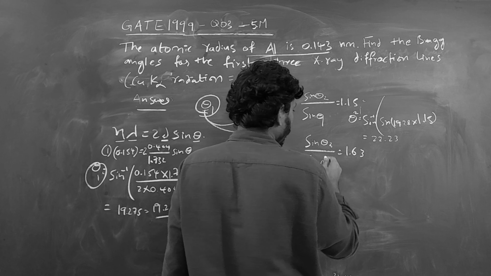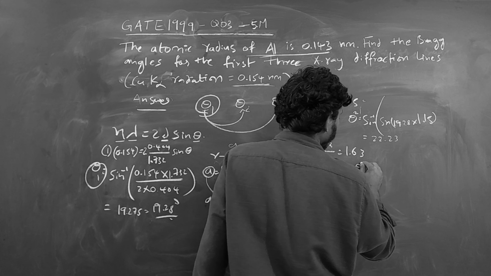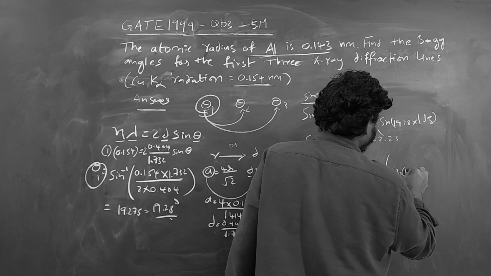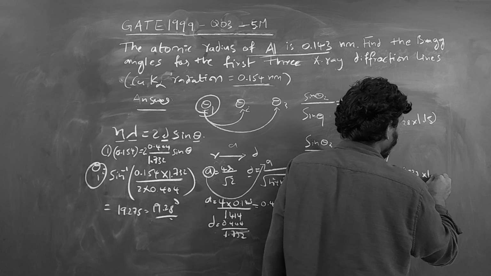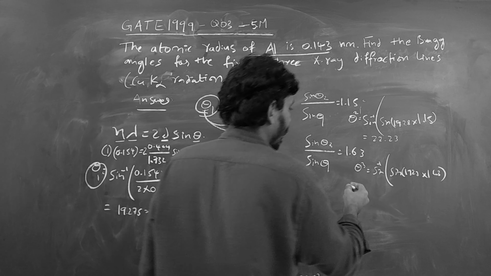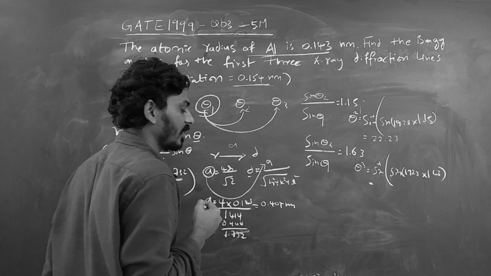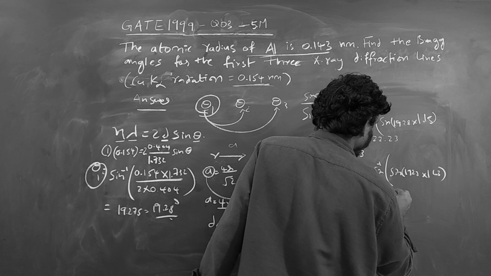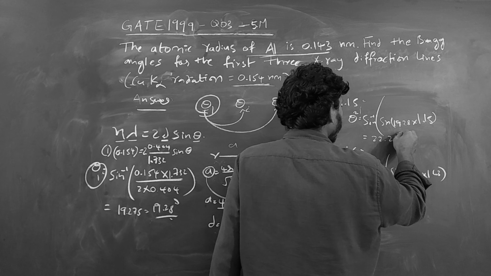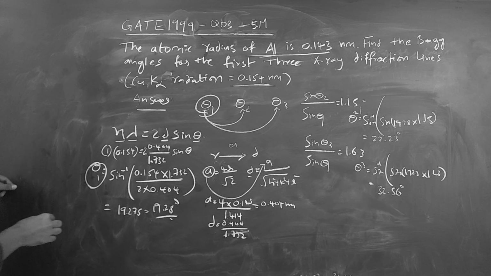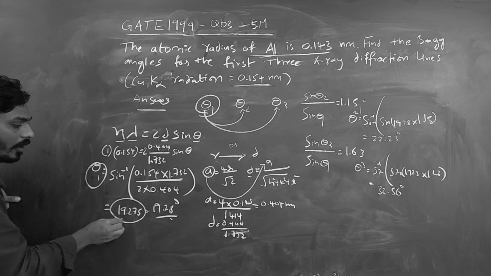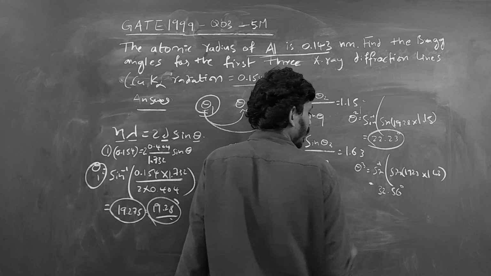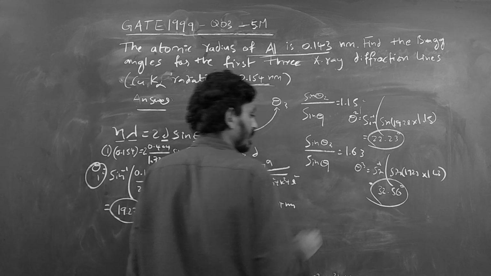And theta 3 value will be sin inverse of sine of 19.28 into 1.63. Put this value in our GATE calculator, 32.56 degrees. So our final answers are: theta 1 is 19.275, that means 19.28, theta 2 is 22.23, and theta 3 is 32.56.